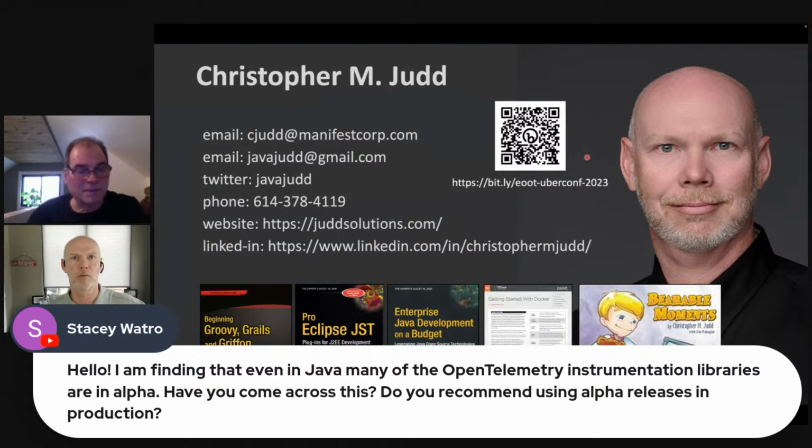I'm not exactly sure what you're referring to. The APIs are definitely stable, and I've been using the instrumentation for Java, which I believe is stable, and I haven't had any issues. If you're referring to anything from the contrib repository, I've not used anything from that repository, and if those are in alpha, I'd probably wait a little bit longer.